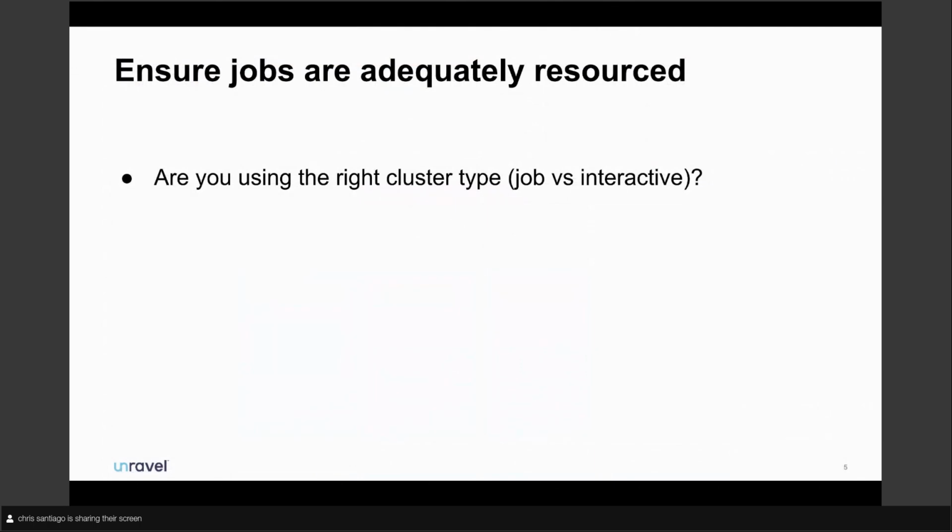So having a good understanding of that is going to make sure that your jobs are adequately resourced. Another thing to keep in mind is, hey, auto scale, right? For folks that may be new to the whole auto scaling concept, it's really the ability for us to set a minimum number of resources and a maximum number of resources.